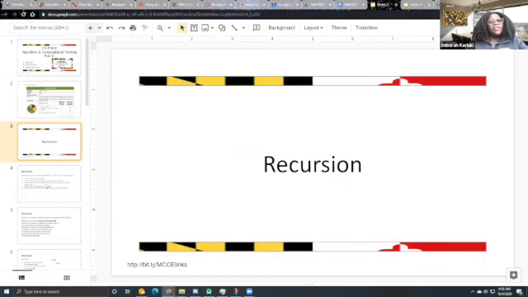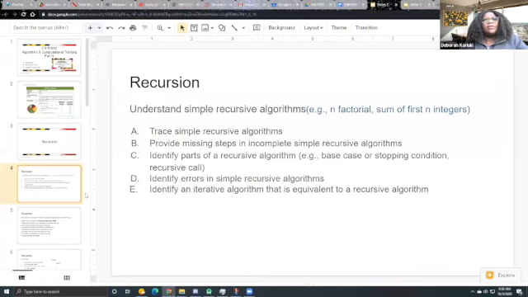All right. So when we talk about recursion on slide 4, sorry, before I explain all that, this is what ETS wants you to understand: simple recursive algorithms, that is n factorial and the sum of the first n integers.